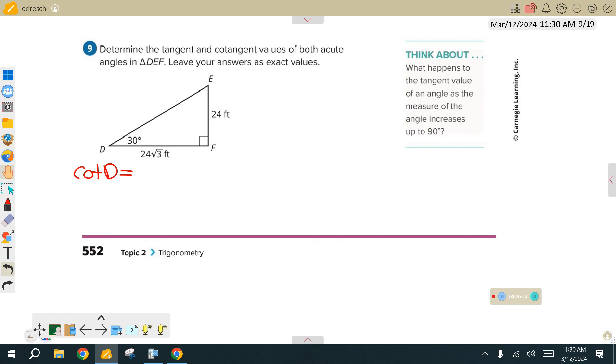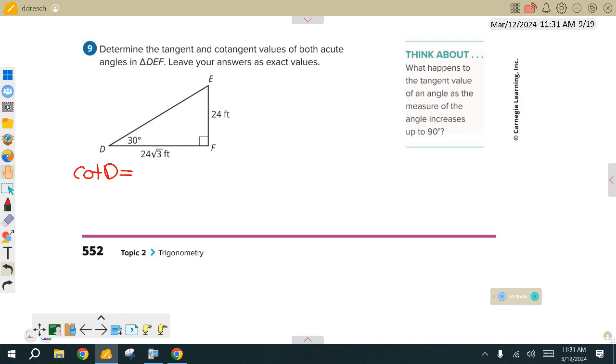Now myself, when I'm asked these, in my head, I'm always going first to what I'm comfortable with. What have we been doing first? Tangent ratio. So I'm going to first write the tangent ratio, and then I'm going to flip it.